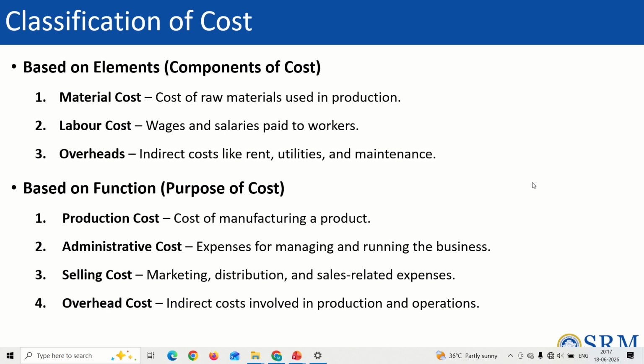Based on variability, this tracks cost behavior related to production volume. Then fixed costs like rent stay the same regardless of the volume, and variable costs like raw materials scale directly with the production. Semi-variable costs like electricity contain both fixed and variable elements.